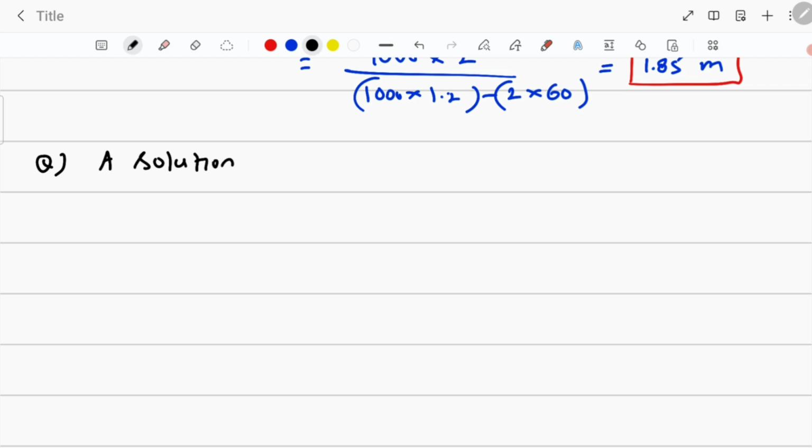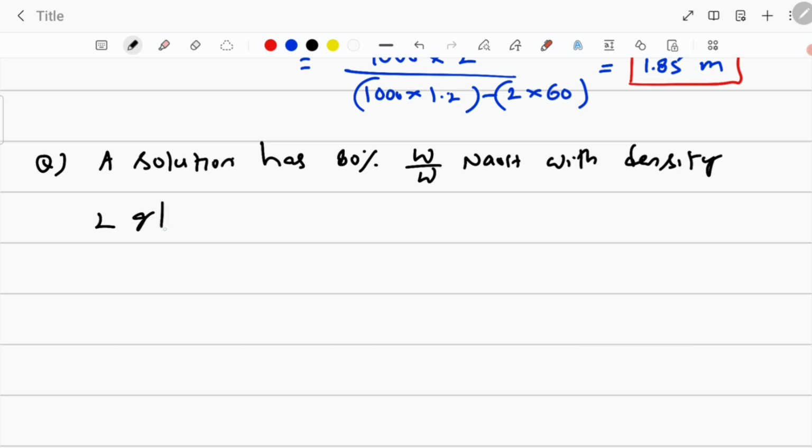Next question. A solution has 80% W by W NaOH with density 2 gram per liter. Find molarity and then molality of the solution.